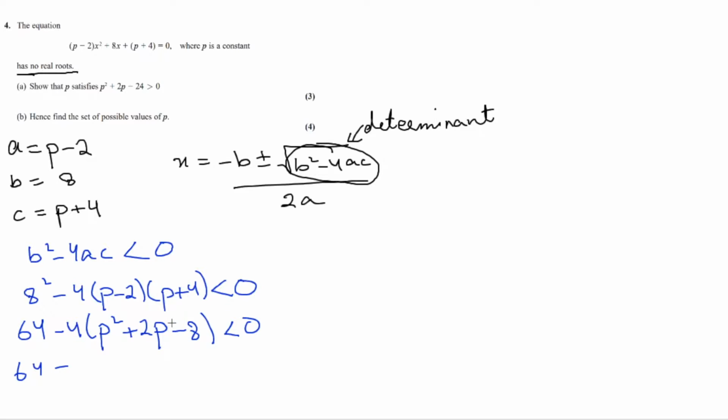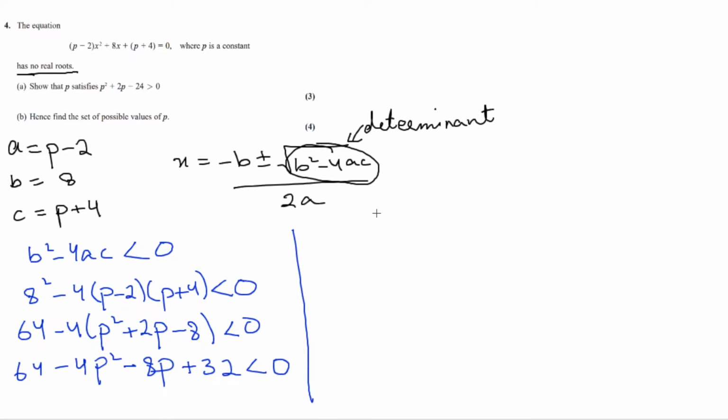Multiplying this out, I've got 64 minus 4p squared, then negative 4 times 2p, which is minus 8p, and negative times negative gives positive, 4 times 8 gives 32, less than 0.